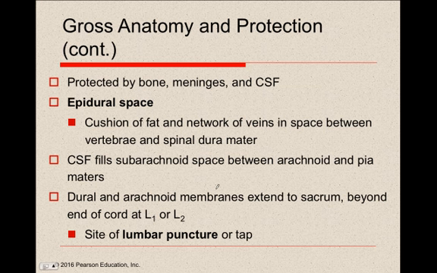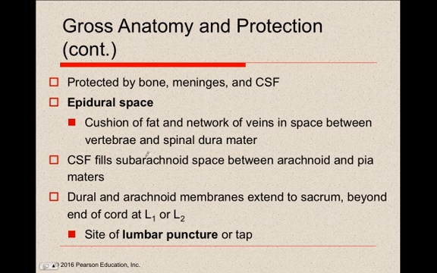And remember that just like in the brain, the subarachnoid space just below the arachnoid layer carries the cerebral spinal fluid. The cerebral spinal fluid will protect the spinal cord, running in the subarachnoid space around the spinal cord, but it will also run through the central canal.